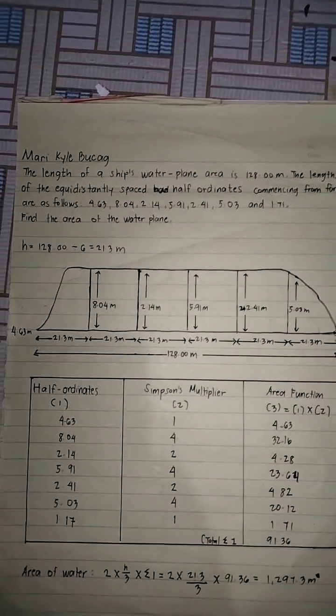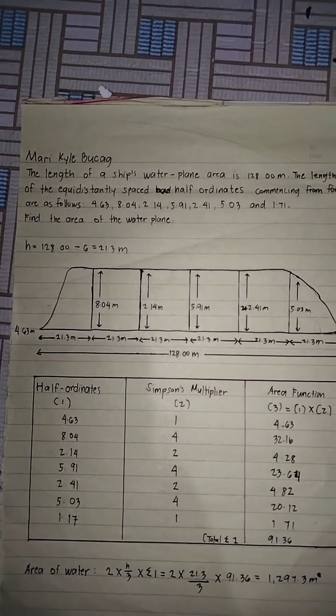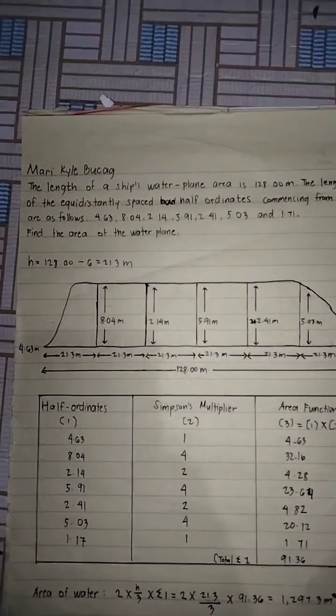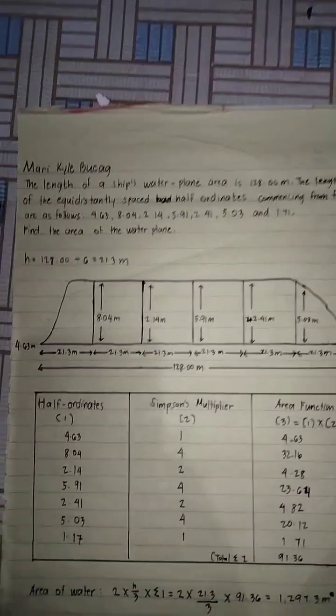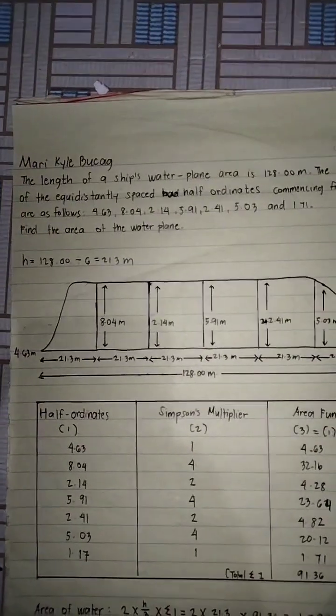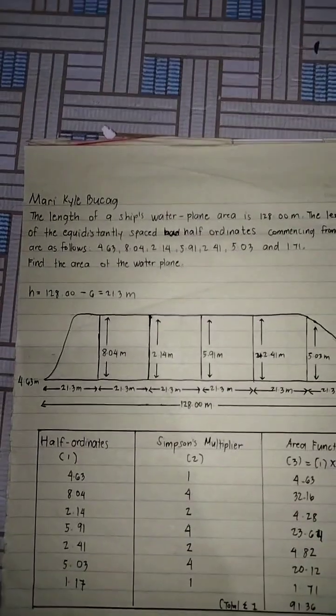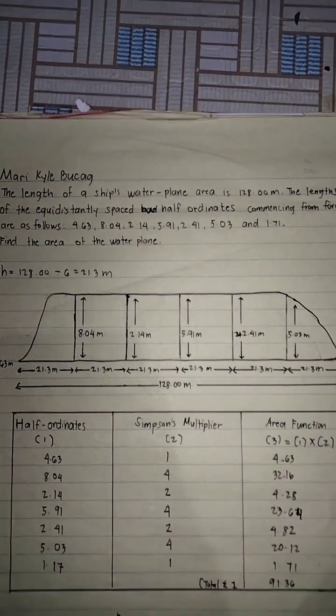First of all, we need to have an example that is fit for Simpson's Rule number 1. This is the sample problem, so let's read it. The length of a ship's water plane area is 128.00 meters.